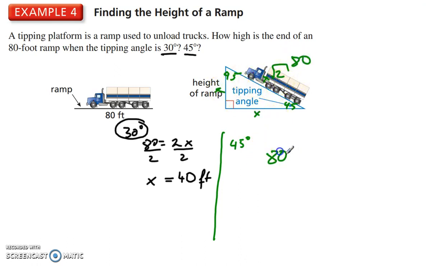So 80 equals x radical 2, and we'd have to divide each side by radical 2. And 80 divided by radical 2 gives us x, or the height, is approximately 56.6 feet.